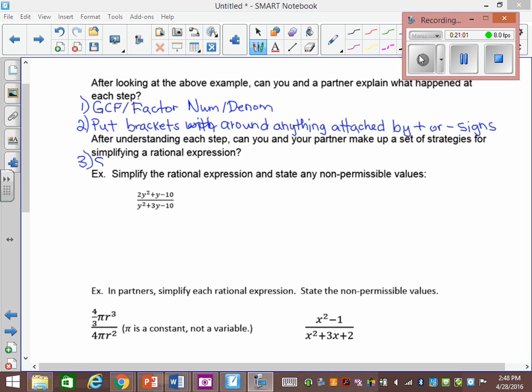Three, state NPVs. And four, I would say cancel any common factors and write what's left over.